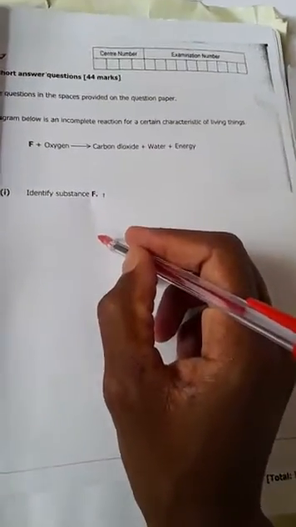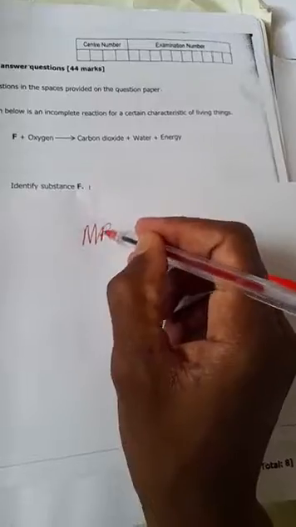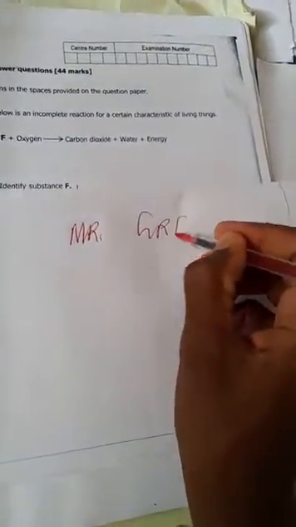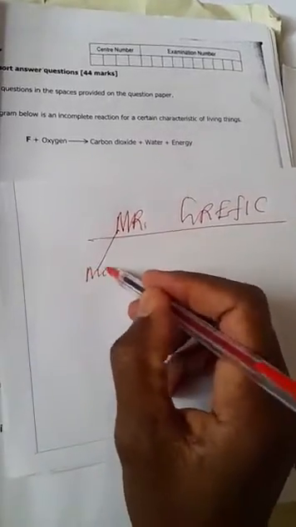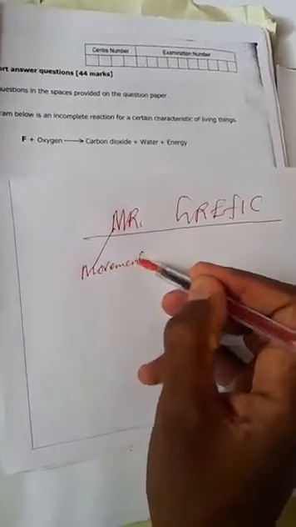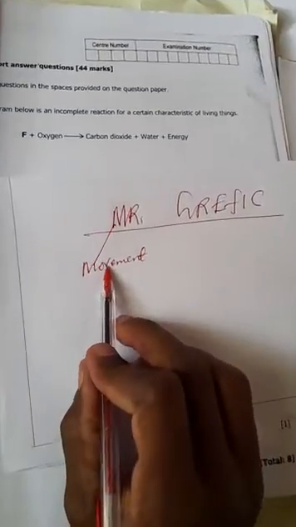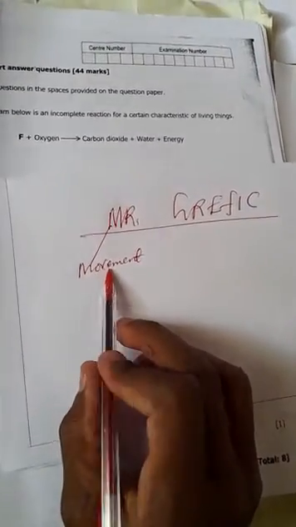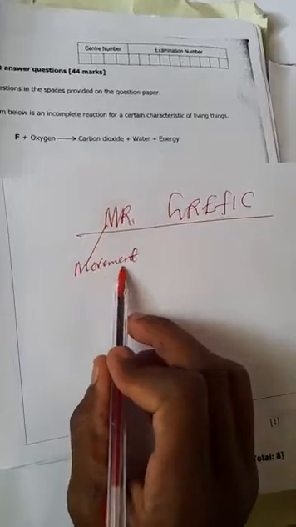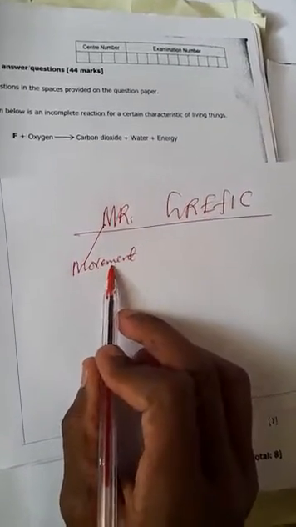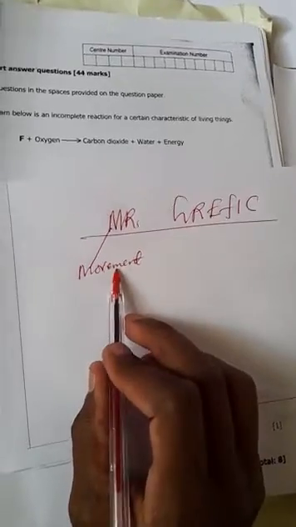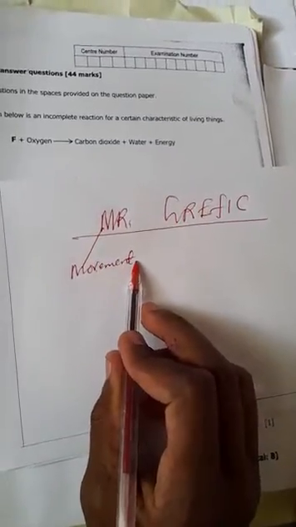can be summarized as Mr. Graphic. M will stand for movement. Movement can be defined as the process by which living things or living organisms change position or posture without an external help.